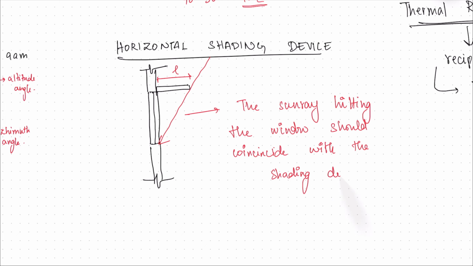And that is the correct horizontal shading device. So we can see the last sun ray coincides here. And let's try to find the formula for it. Now, I'm going to redraw this again.